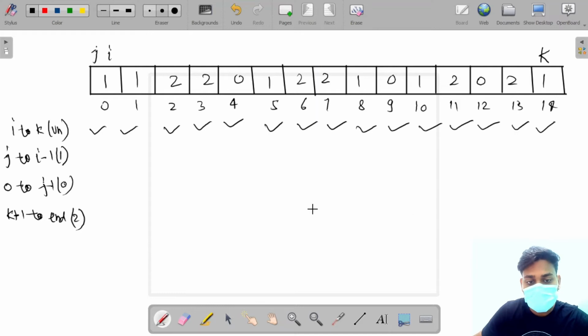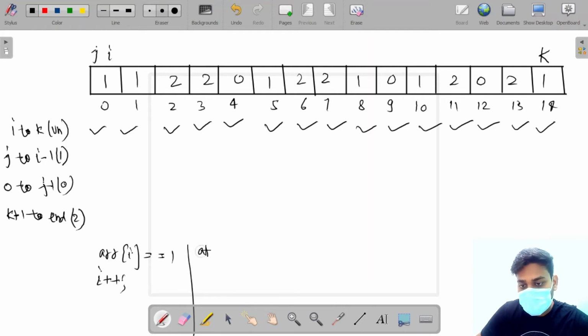So what operations do we have to perform to achieve our goal? The first two operations are similar to the previous question. If arr of i equals 1, we simply increase the value of i, i plus plus.